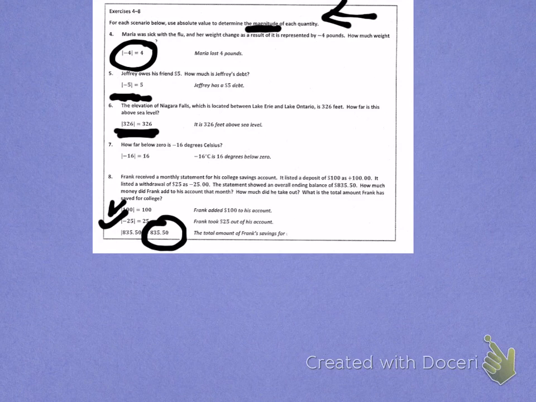That would explain the positive 100. And the next section would be Frank took $25 out of his account. You just put it in words. And the last piece would be the total amount of Frank's savings for college is $835.50.